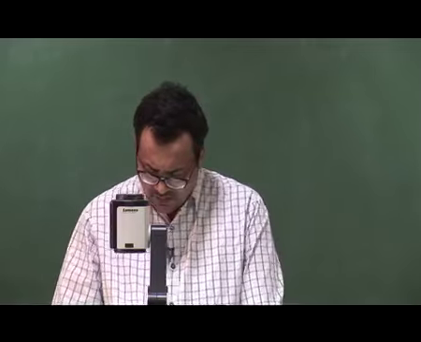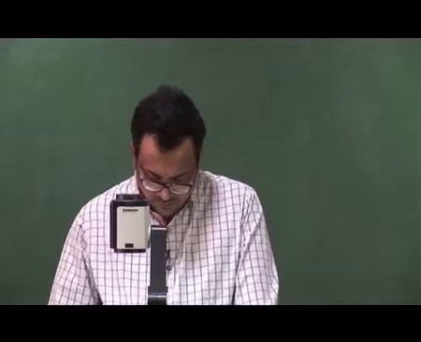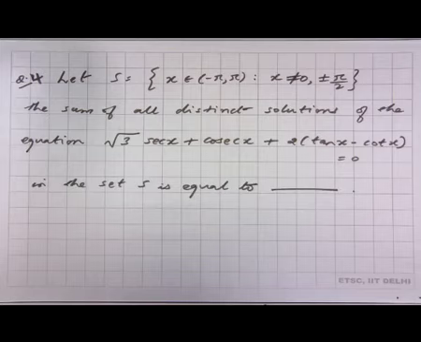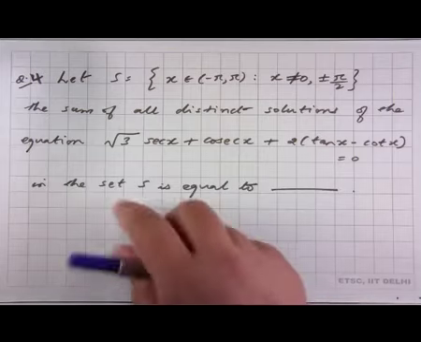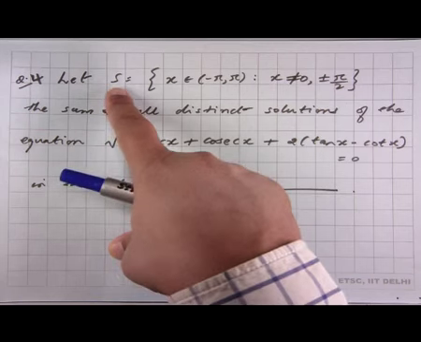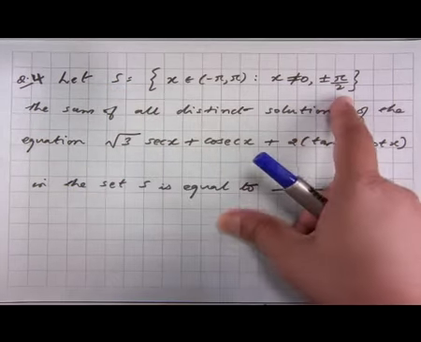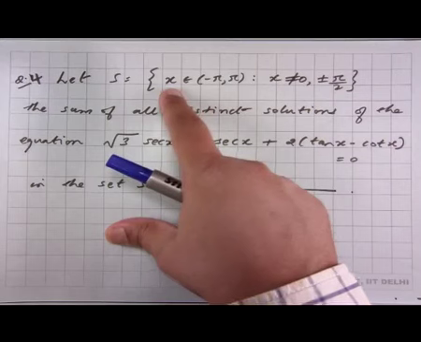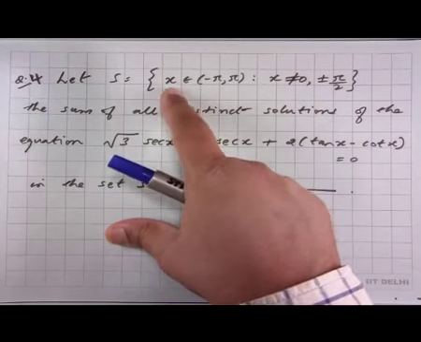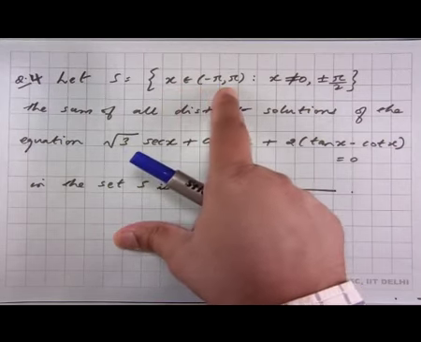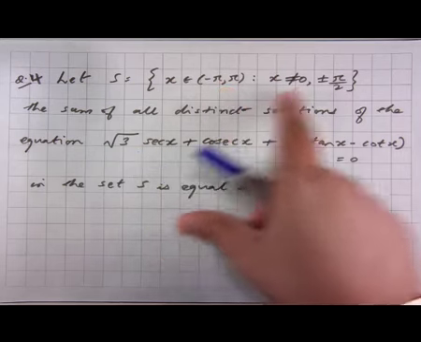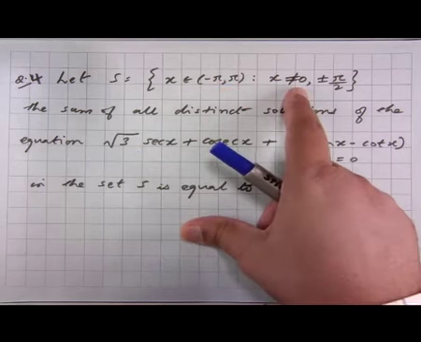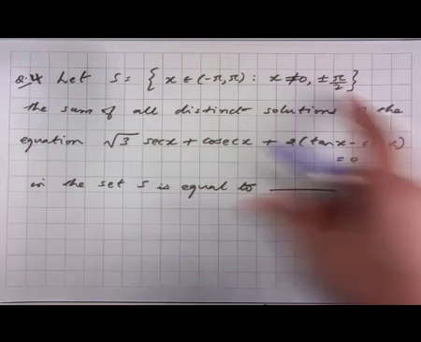So, here is another interesting problem, and this is also a problem from one of the previous JEE exams. It says that let S be this set. We are essentially restricting our x to the open interval minus pi to plus pi, and x is not allowed to take the values 0, plus pi by 2 and minus pi by 2.